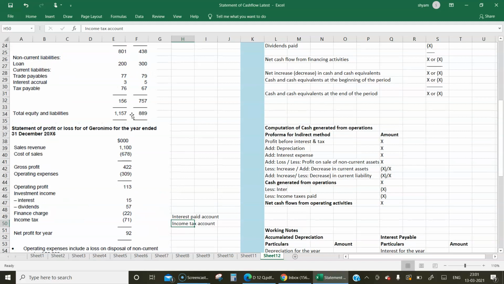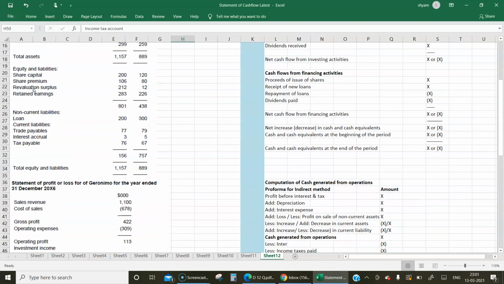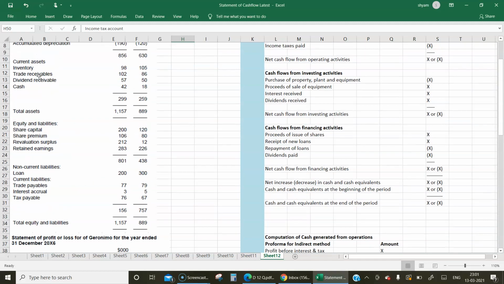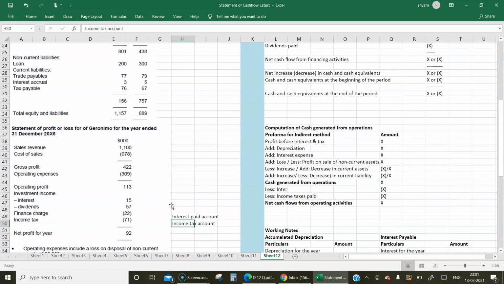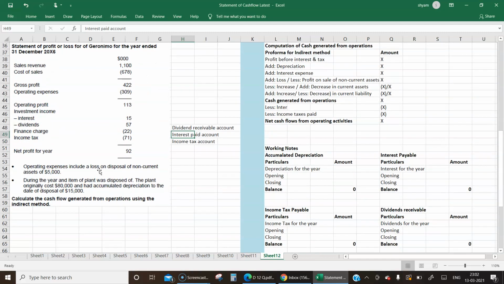And also, if you see, there is dividend receivable, so a dividend receivable account also we have to open. So three accounts we have to open. And I think interest income alone we don't need to open any account, because it's only given in SOPL, so we don't need to worry about that.